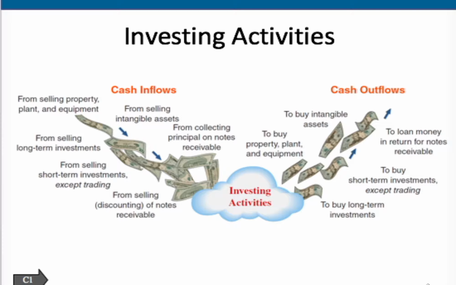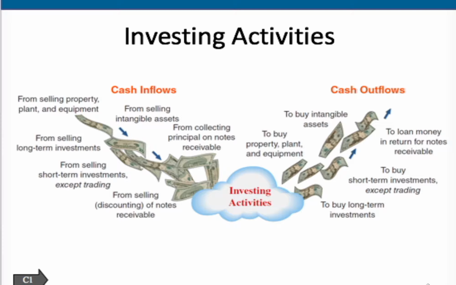Investing activities generally include those transactions and events that affect long-term assets, namely the purchase and sale of long-term assets. They also include both the purchase and sale of short-term investments in the securities of other entities, except in trading securities, and also lending and collecting money for notes receivable.